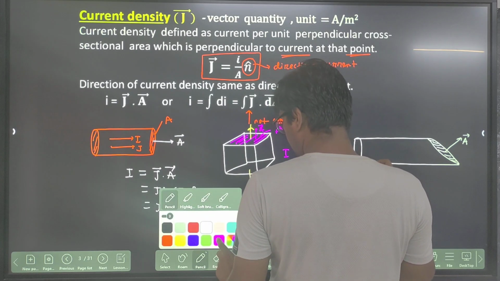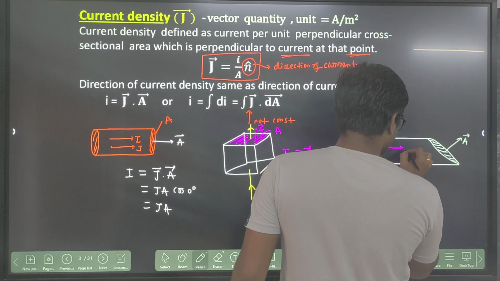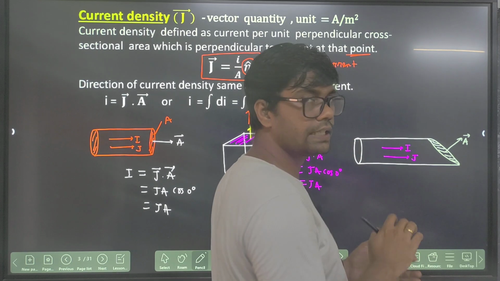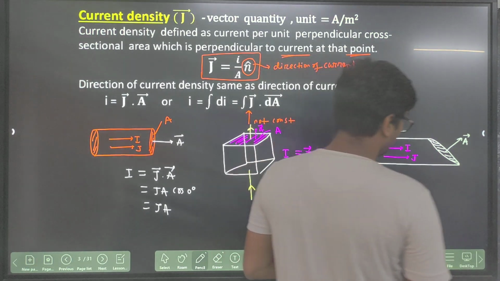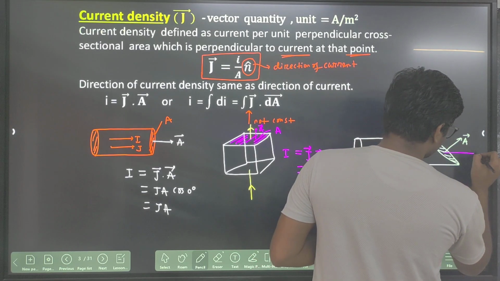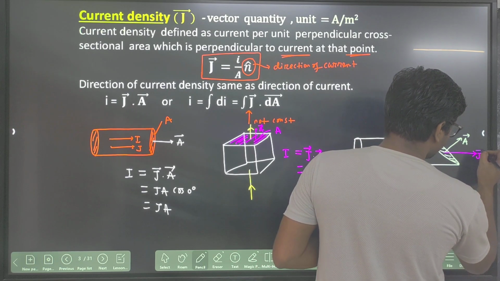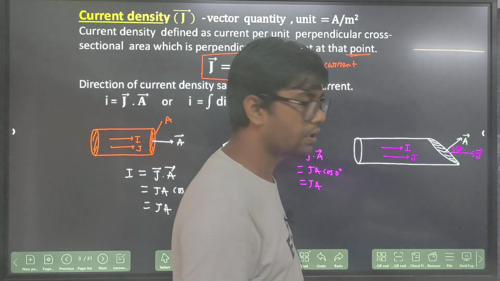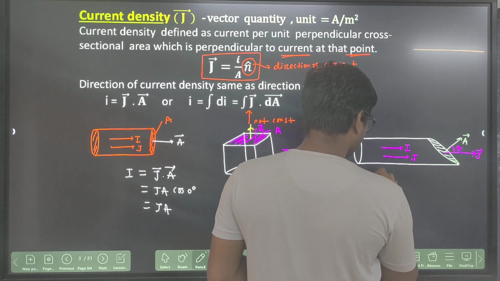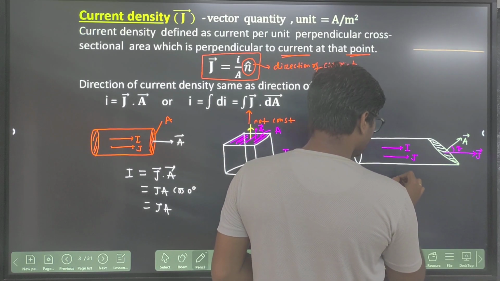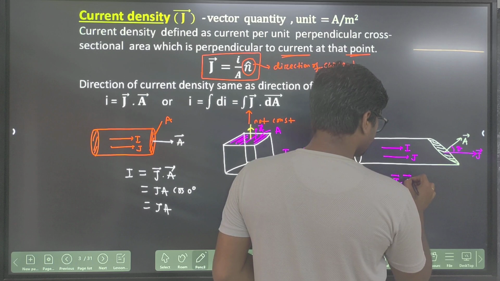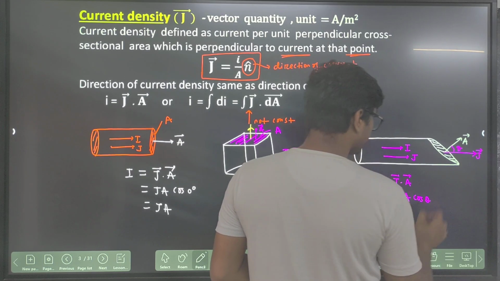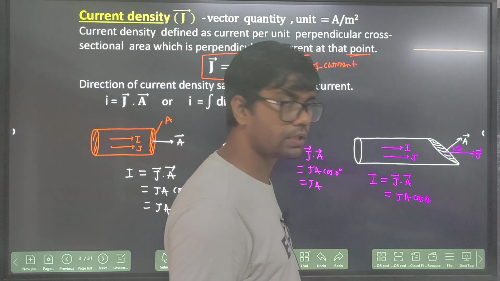And I is along this direction, J also along this direction, because I and J are in the same direction. So if you see here, this J is making an angle theta to the direction of area. So in this case, if I write the current I equal to J dot A, it is coming as J A cos of theta. Clear? J A cos of theta.